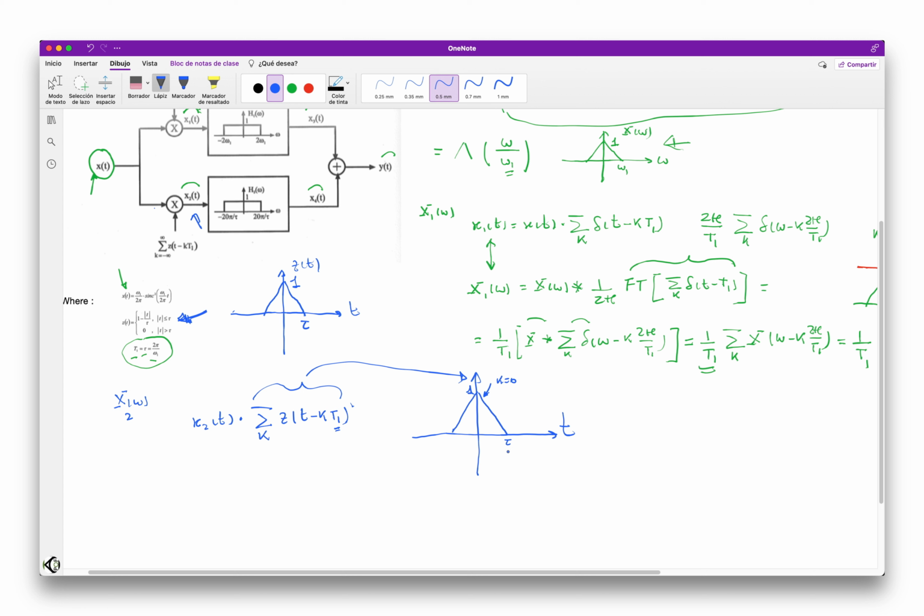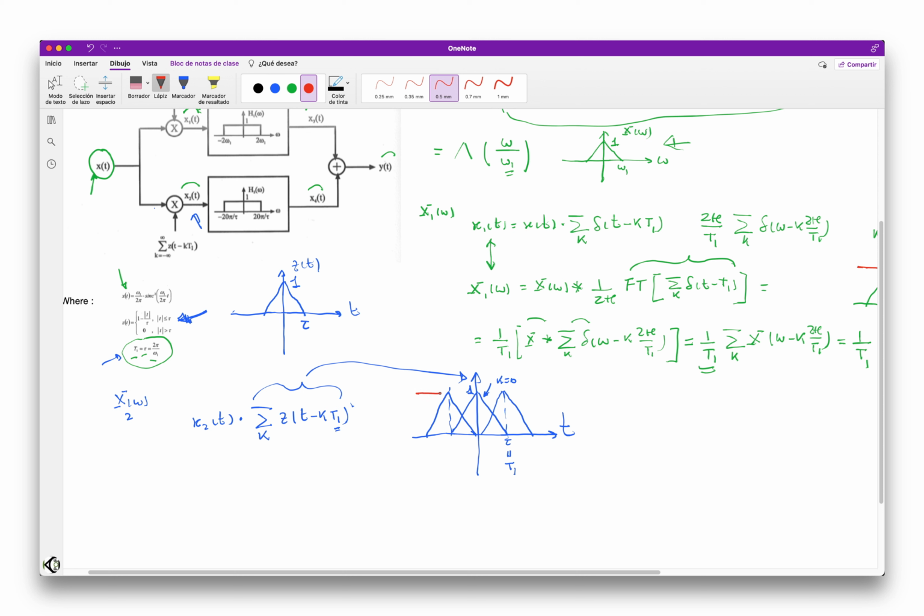But look, tau is exactly the same as capital T1. So the next triangle will be right over here, and the one on the left will be another triangle over here, which translates into a signal.